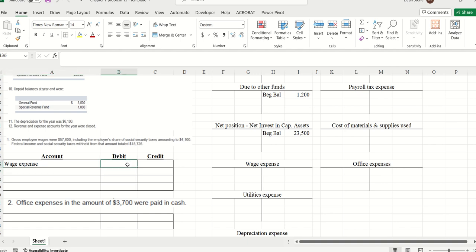Well, if we take the 57.6 and subtract out the 4,100 that was included in that number, we end up with 53.5. And then we're going to have payroll tax expense.